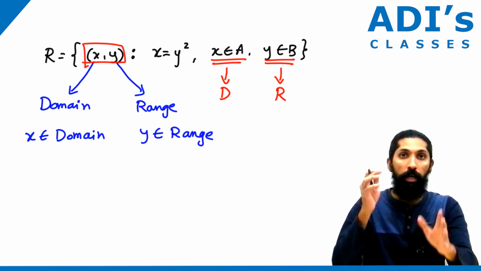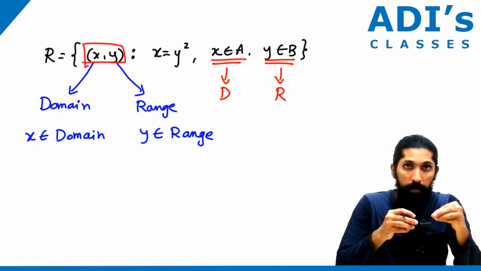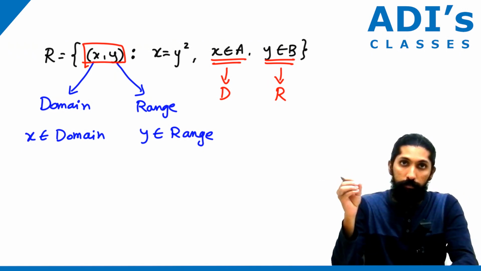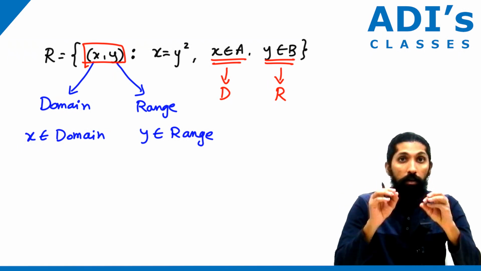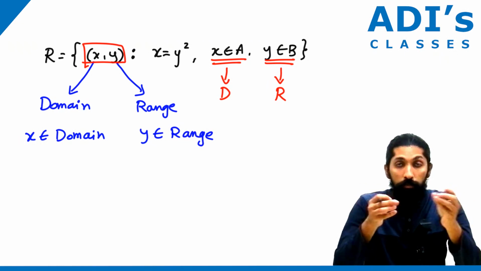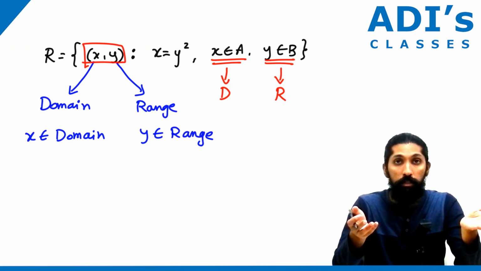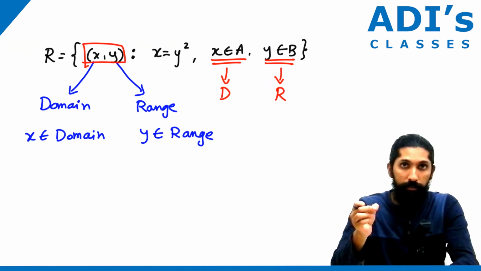Clear? So for every relation, we have domain and codomain, and for every element in the domain, we are going to have one image in the range. Fair enough? When I say every element in the domain which satisfies the condition or the relation, don't assume that, oh, the 16 doesn't have any image. Not like that. It's what satisfies the condition.